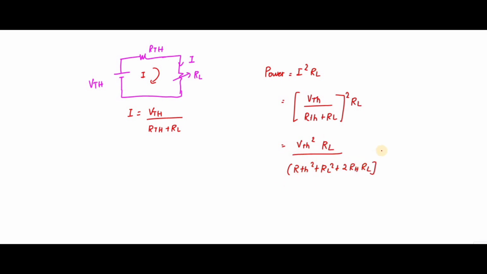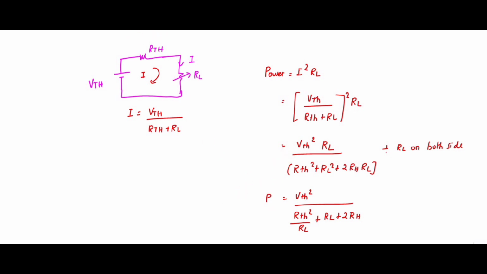So divide by RL on both sides. You will get VTH square divided by (RTH square divided by RL plus RL plus 2 RTH). This is nothing but the power.